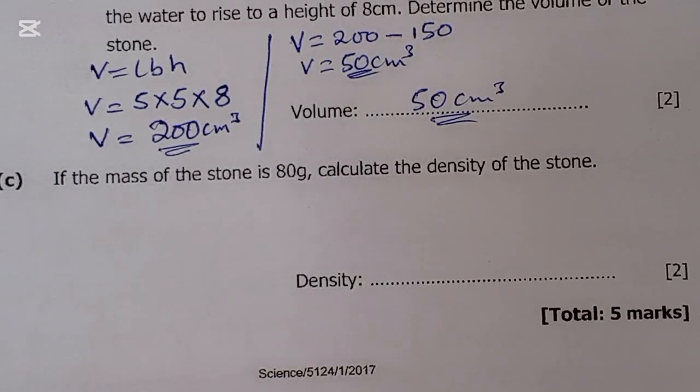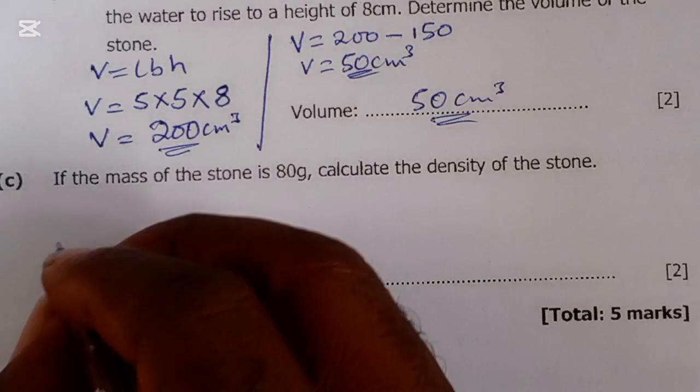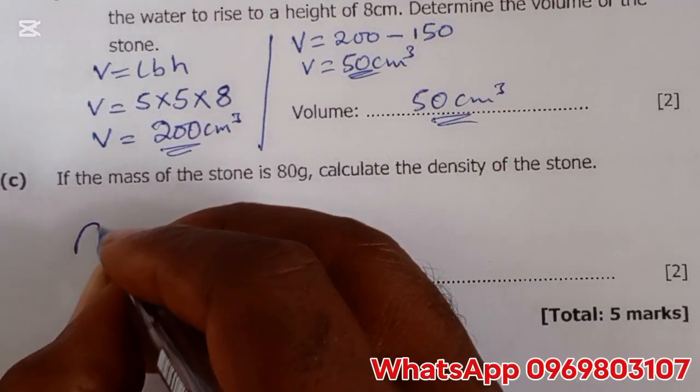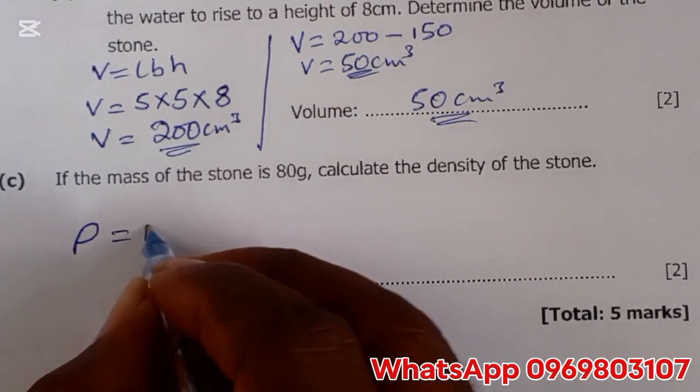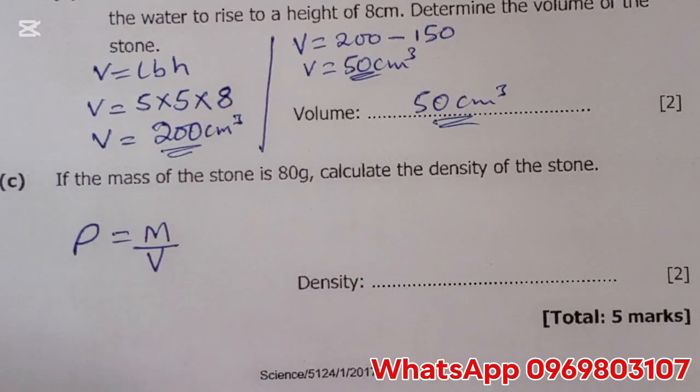Part C. If the mass of the stone is 80 grams, calculate the density of the stone. So let's apply the formula for the density of the stone. Remember that we normally use this symbol for density, which is called rho. So density is equal to mass divided by volume.